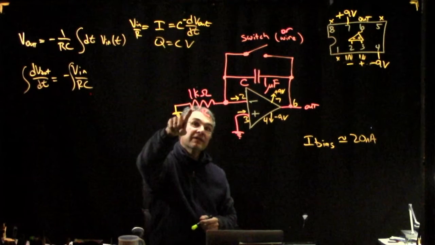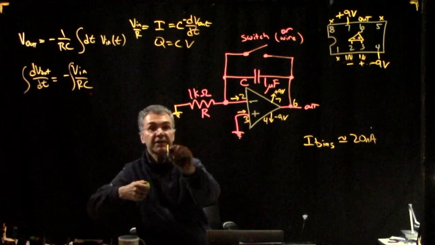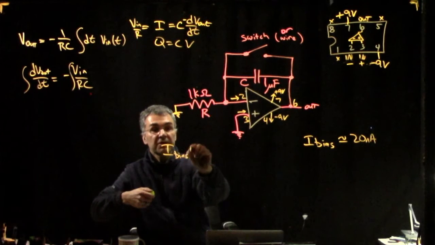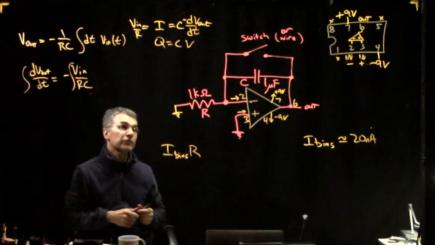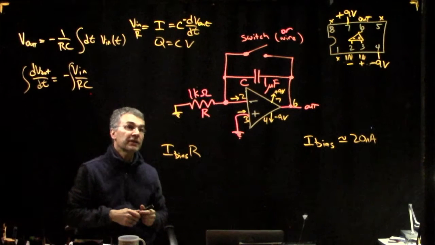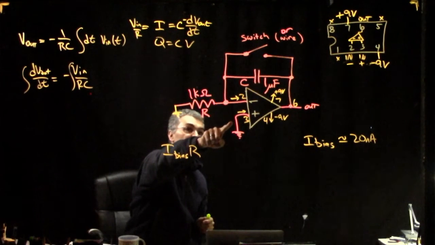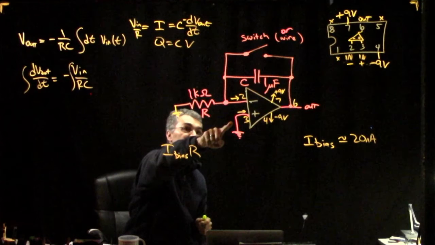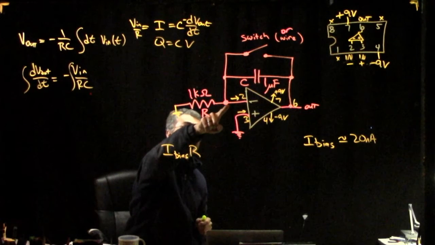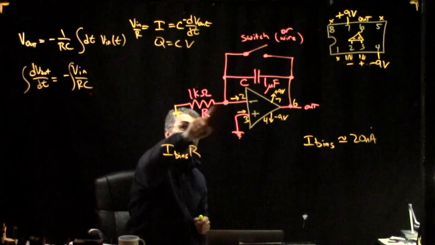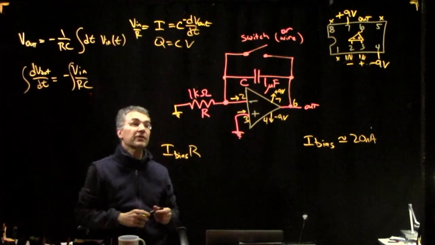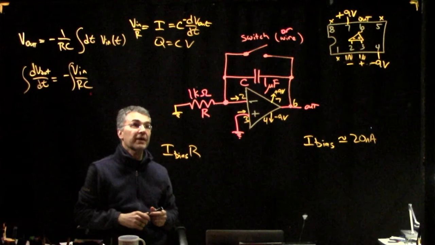So you have I bias times R, which looks just like an input voltage. Here this voltage is 0, even if there's a current flowing, but this voltage, instead of being 0, is going to look like I bias times R, because there's this bias current flowing.